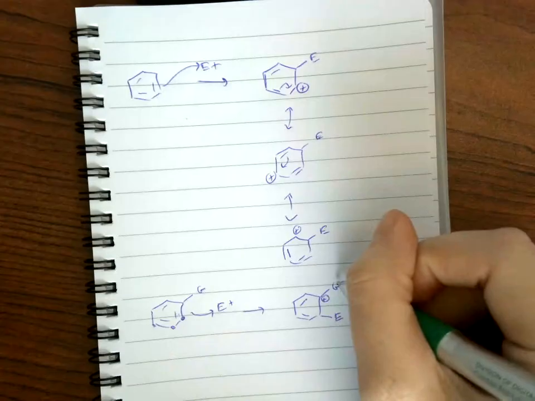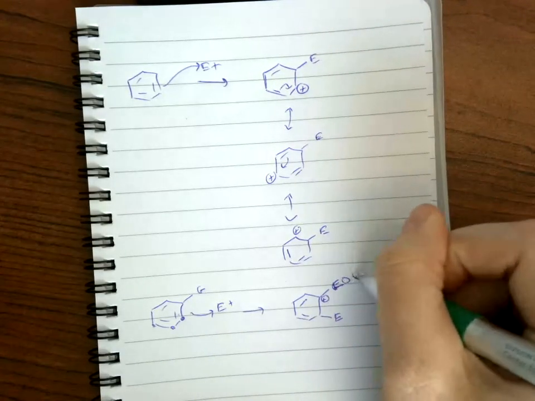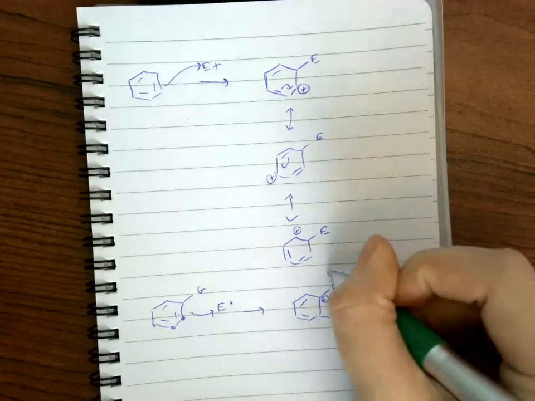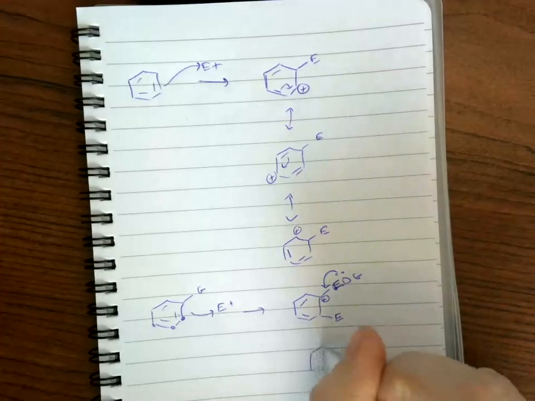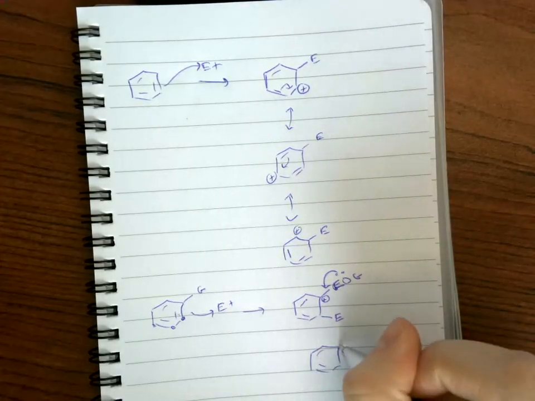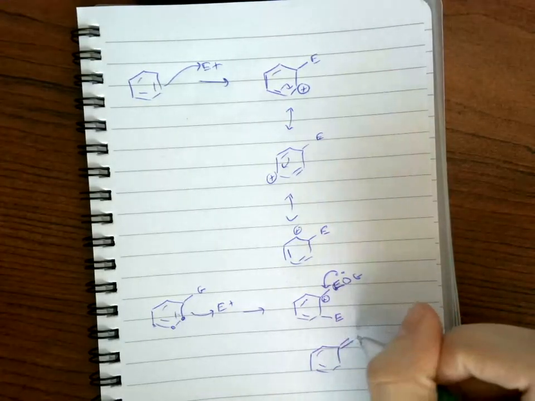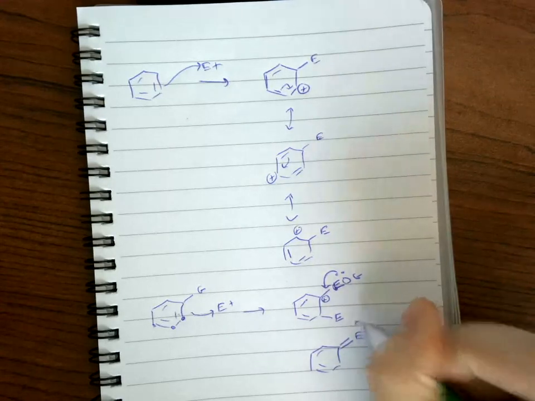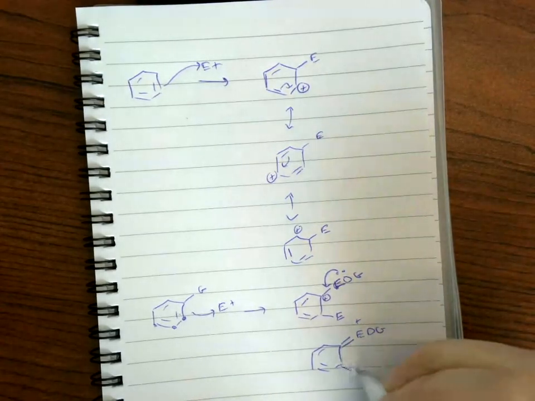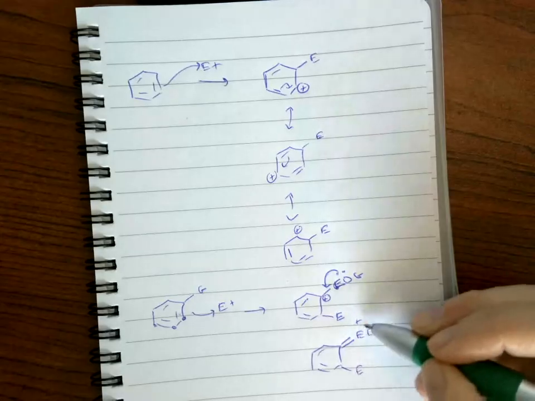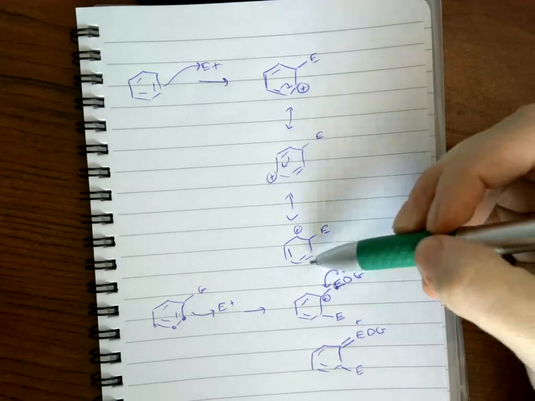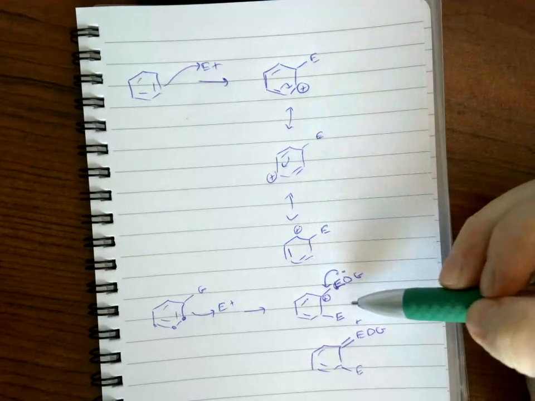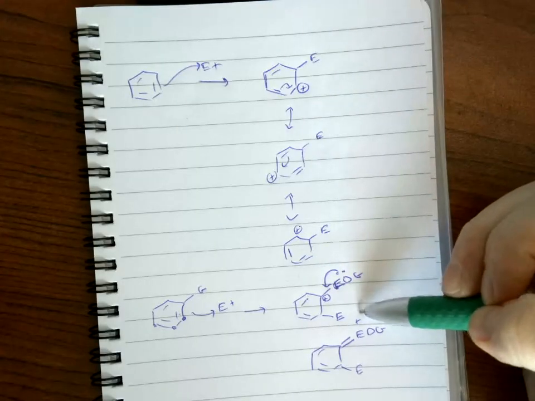But if you have an electron donating group that can add electrons, there will be an additional resonance structure, which makes it more stable because the electron donating group would be positive with your electrophile down here. So that's one extra resonance structure. They all have 3 resonance structures, but this is an extra one.